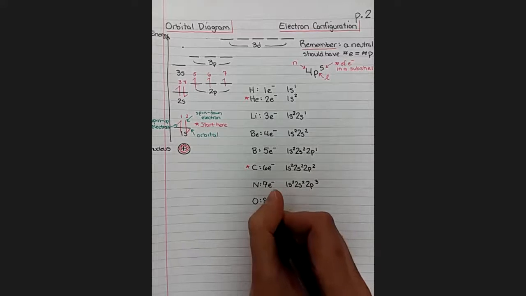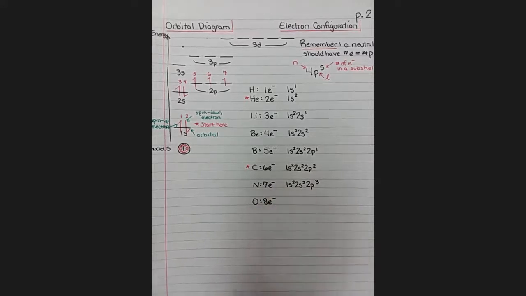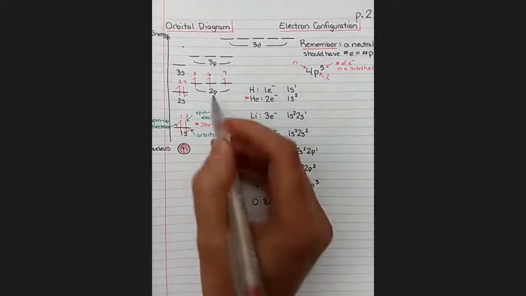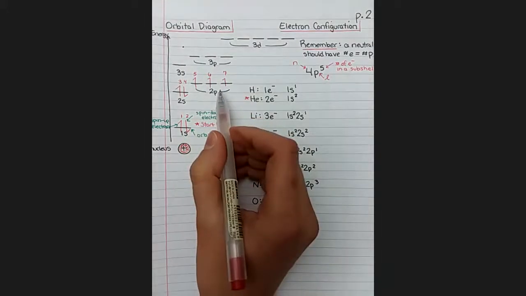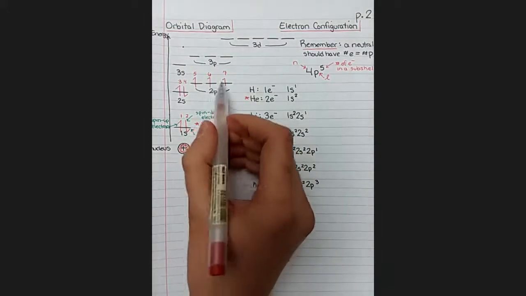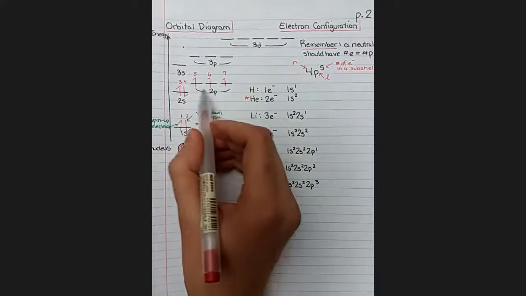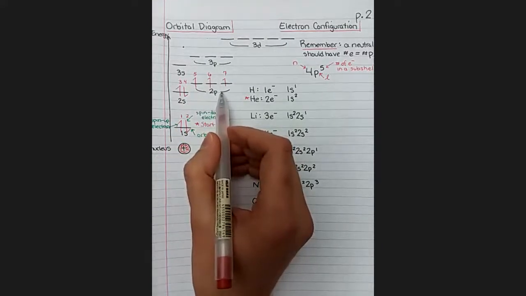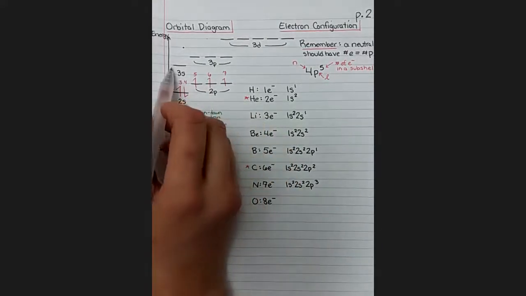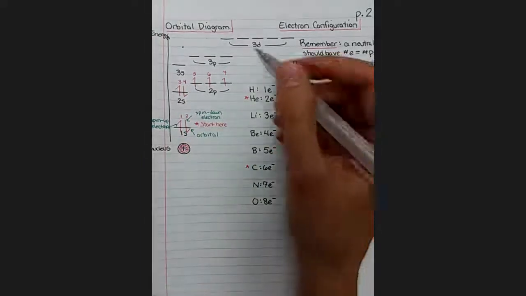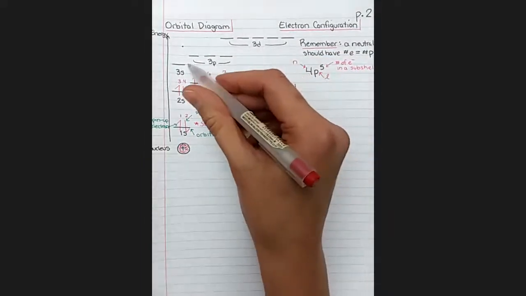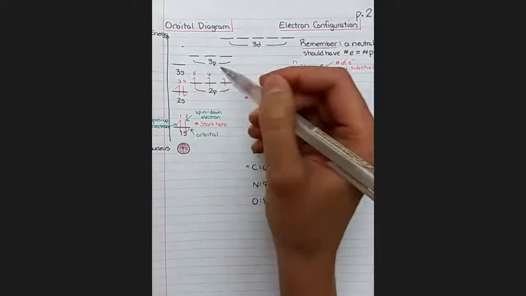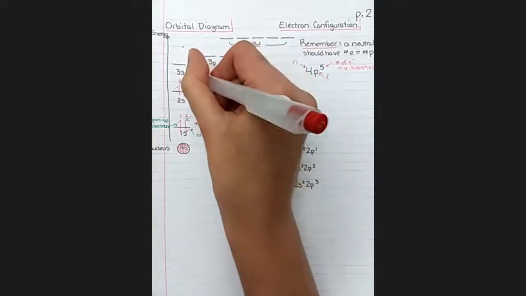And oxygen has 8. And when we place the 8th electron, this is where we finally have to double up for the first time, because our choice is to double up one of these singly occupied 2p orbitals or to jump all the way up to this much higher energy 3s. And the amount of energy that we gain by doubling up is much smaller than the amount of energy we gain by moving to this higher energy orbital.